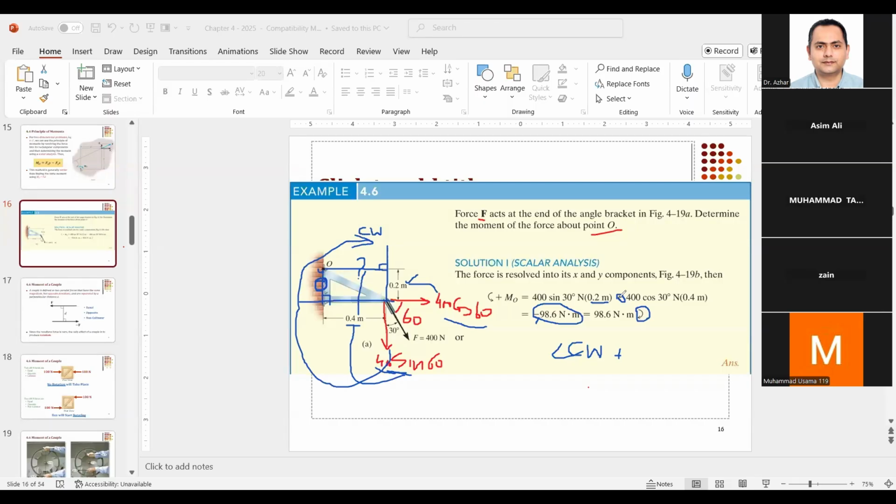But when we are calculating the moment, we only see whether the force is producing clockwise or counterclockwise moment. A force may be in the first quadrant, but still it may have a negative sign with the moment because it is producing the clockwise moment. So remember that when we are calculating the moment, the sign comes from the sense of the moment and not the direction of the force.